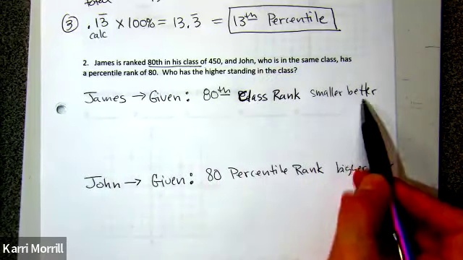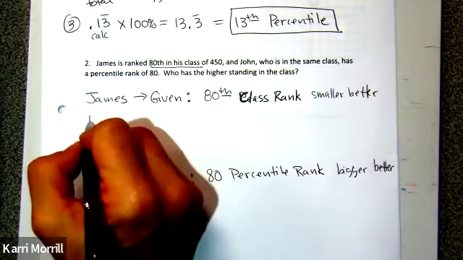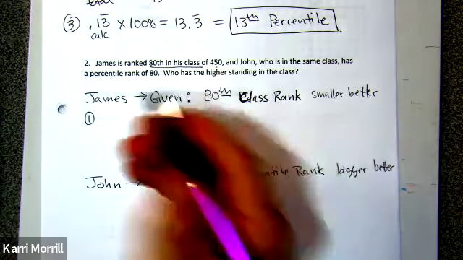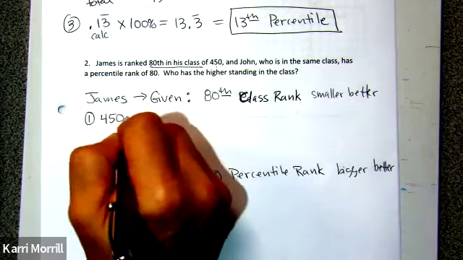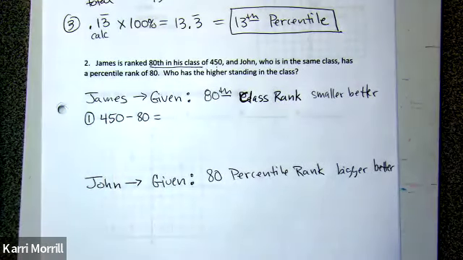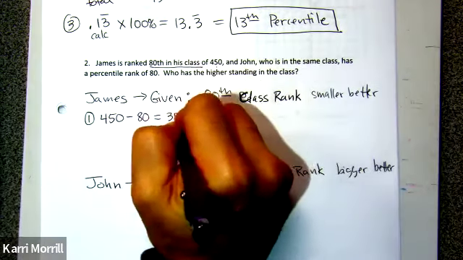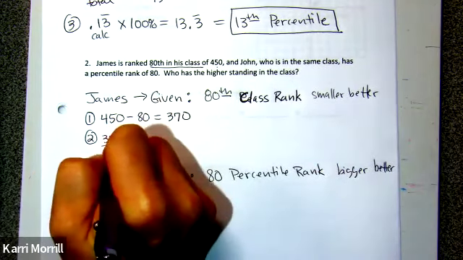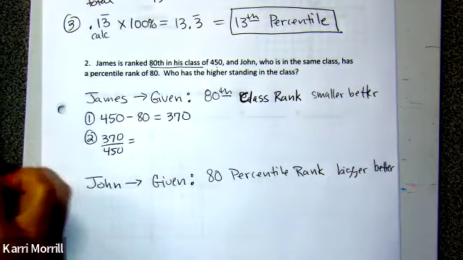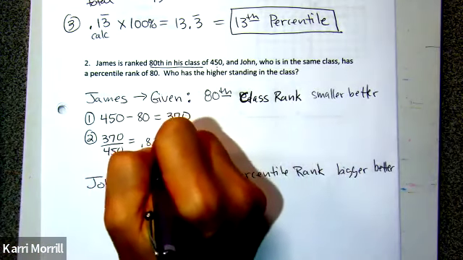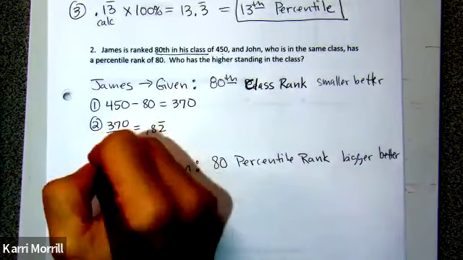So if I turn that into percentile rank, I do my three steps for this one. I take how many total were in the class, 450, and I subtract his position, which was 80. And we get 370. My second step is to take 370 and divide it by 450, which is 0.82, and the 2's repeating.